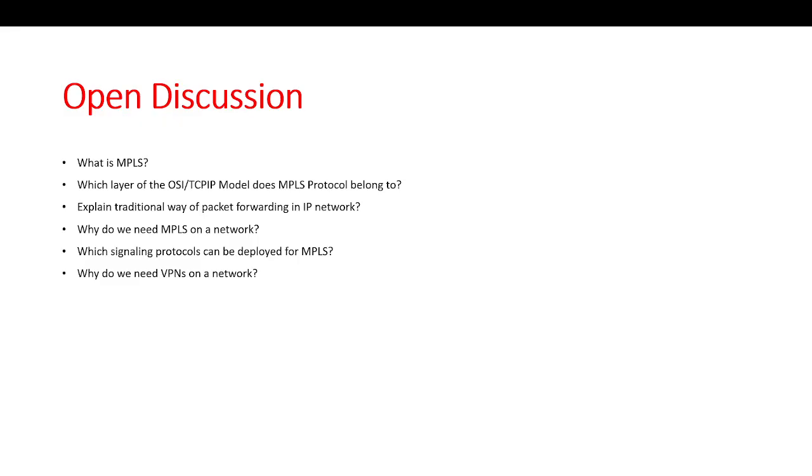It stands for multi-protocol label switching. It's a switching technology which sits between layer 3 and layer 2, and in our network, we use it for forwarding packets. With the evolution of time, we're now talking about seamless or unified MPLS in our network.